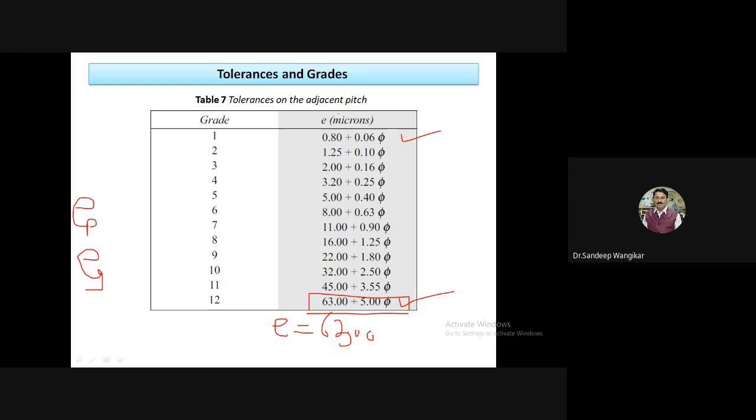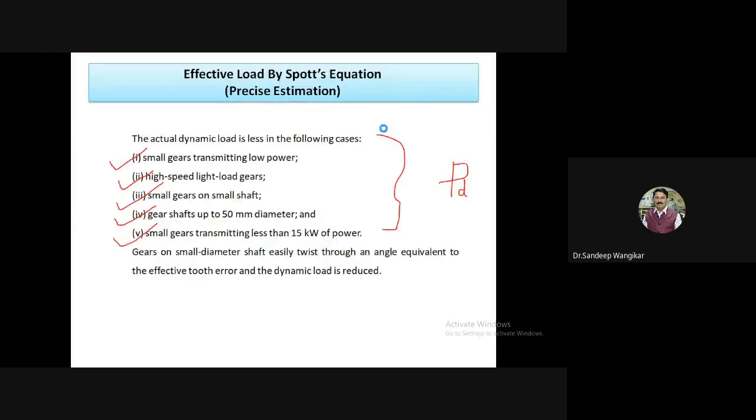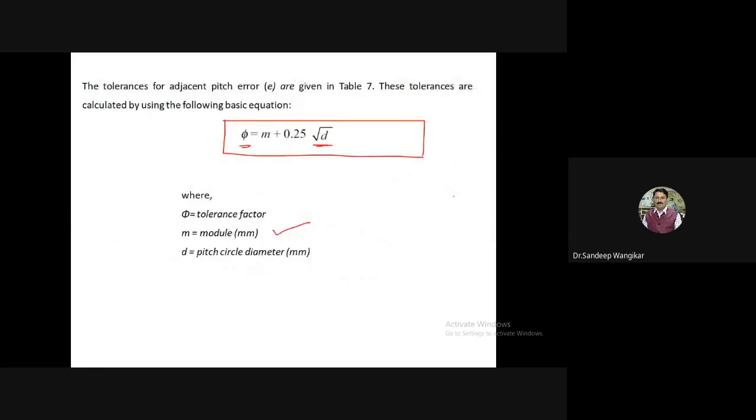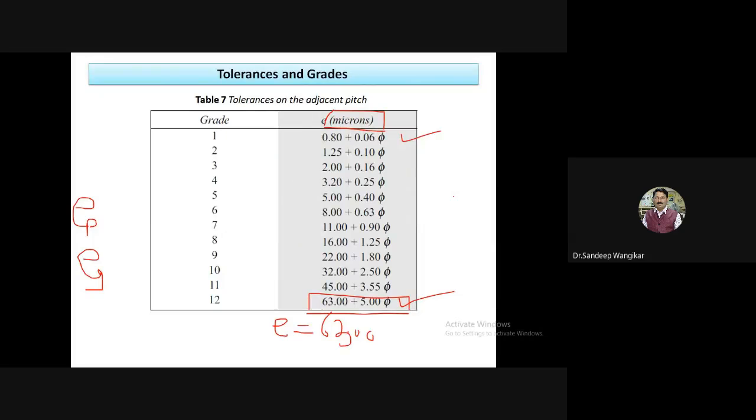Very important: you will get the answer in micron. After calculation, you are getting the answer in micron, and if you put this answer in our PD formula, definitely your final answer will be wrong. Here all things should be in mm, so you have to multiply by 10 raised to minus 3 and then only you will get the correct answer.